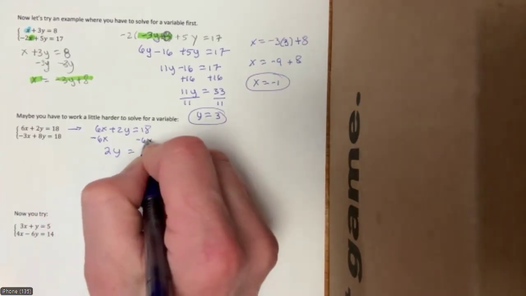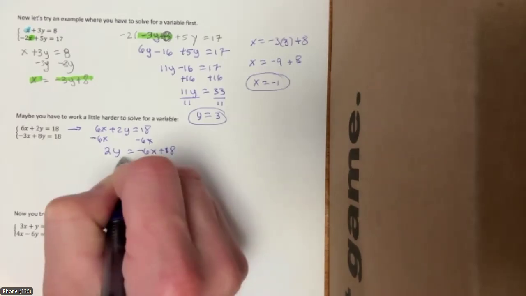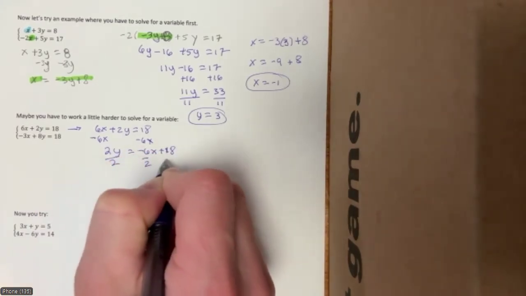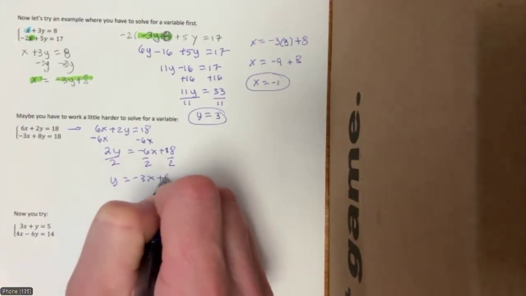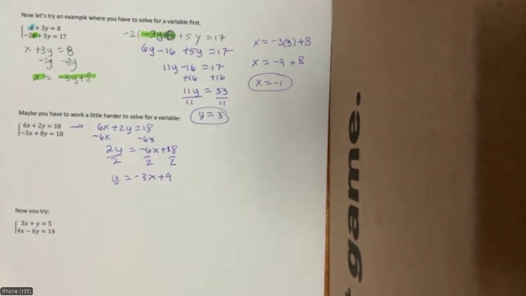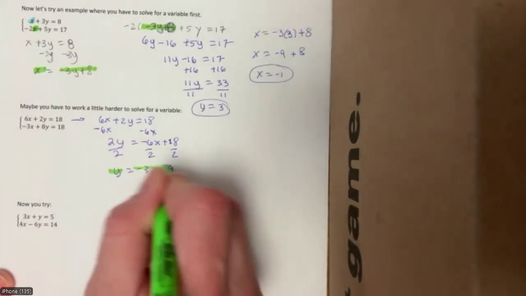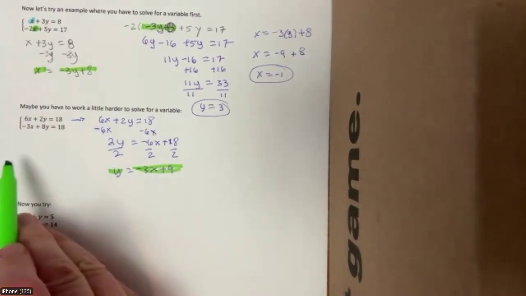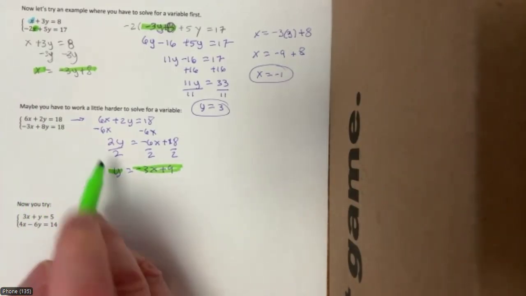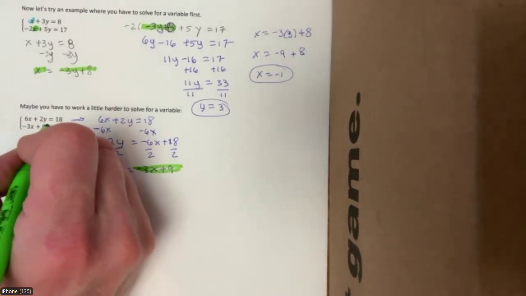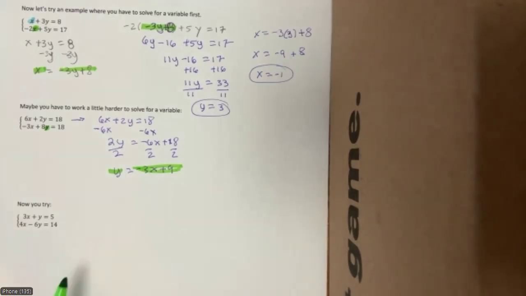2y equals negative 6x plus 18. And then I need to divide by 2. So y equals negative 3x plus 9. So I successfully solved this equation for y. So y is the same as negative 3x plus 9. Again, in the other equation, so I can't use the top one, I'm going to replace the y because I've isolated y. I'm going to replace that y with negative 3x plus 9.